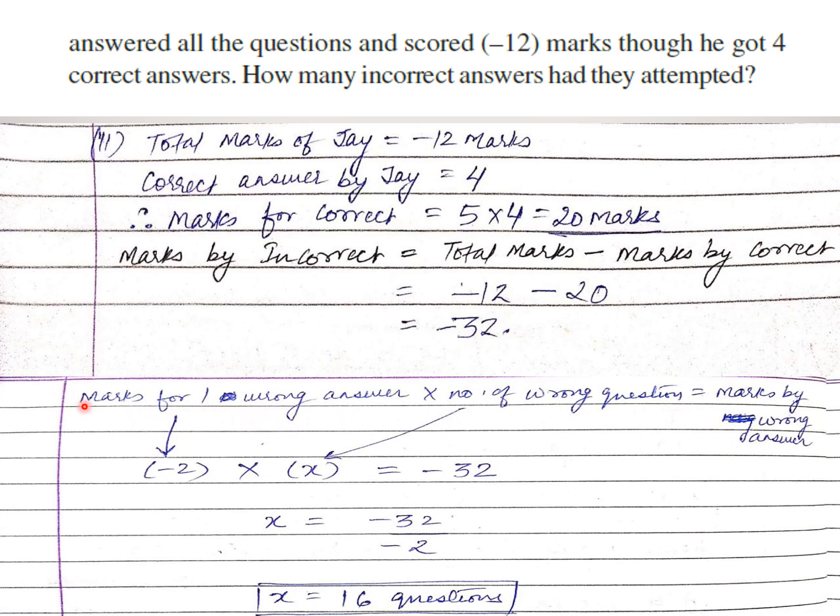So marks for one wrong answer is minus 2, and the number of wrong questions we have to find, so I have taken it as x. These two are equal to minus 32, as I have written over here. Again we want this value, so we will make it alone on this side. We will take minus 2 to the right side. It will come in division, negative negative cancel. 2 16s are 32. x equals 16 questions.